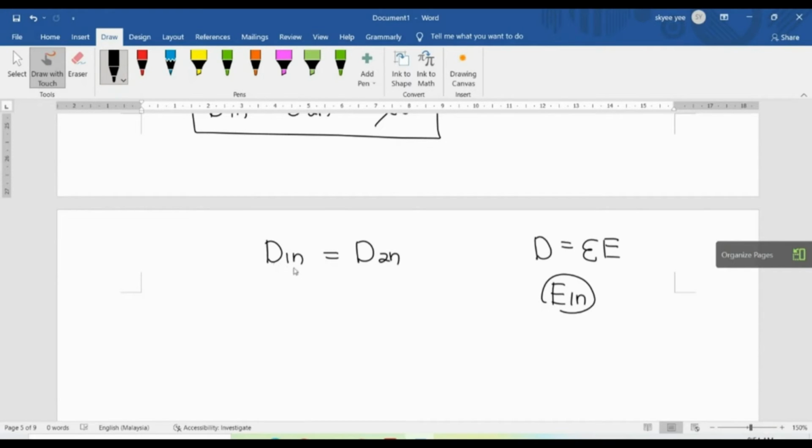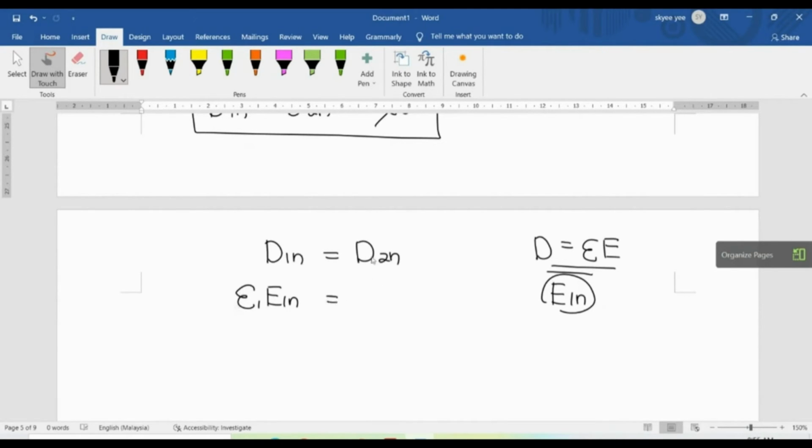D1n is equal to epsilon 1 times E1n. This is epsilon 1 because it is in medium 1, so you have to consider the dielectric constant in medium 1.